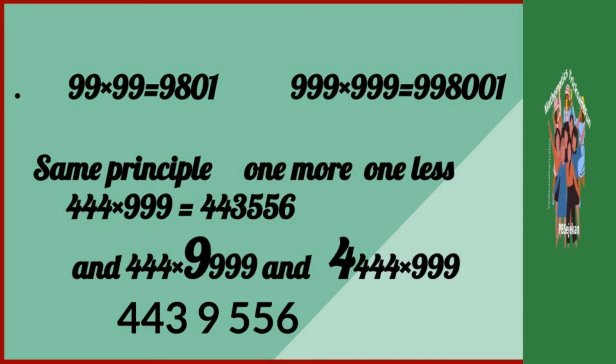Same principle, one more, one less, is used in the multiplication of 444 multiplied by 999, and when numbers are in excess on one side, either 9 or the number is in extra, the 9 will come in the middle. Like here, when 4 is extra, the answer is 4439556.